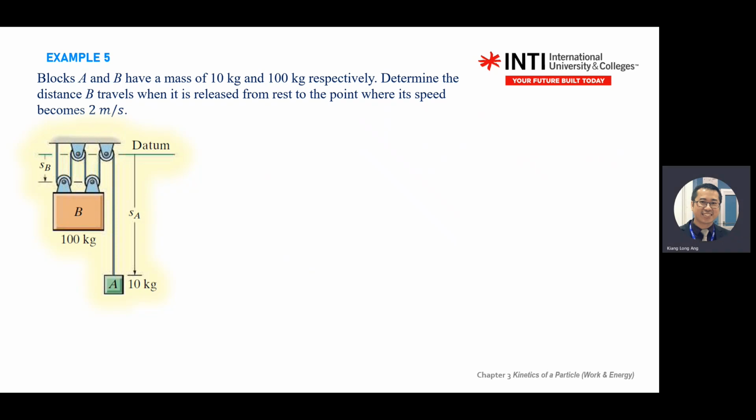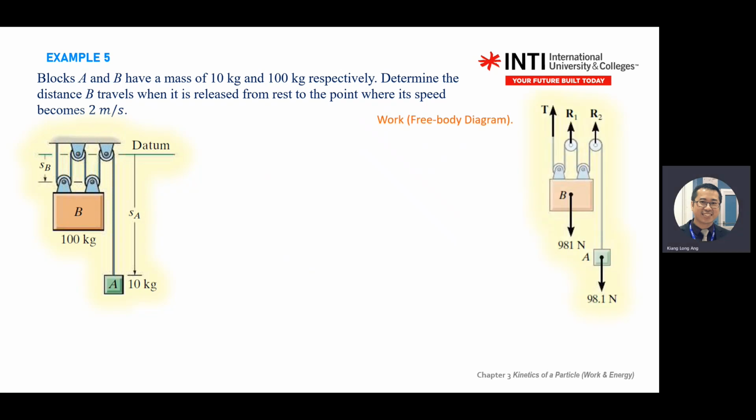What is the purpose of finding the total length? You want to find the relationship between A and B: the velocity of A and B, and also the acceleration of A and B. So straight away do the total length equation, differentiate. Then go back to either F equals ma or the principle of work and energy.